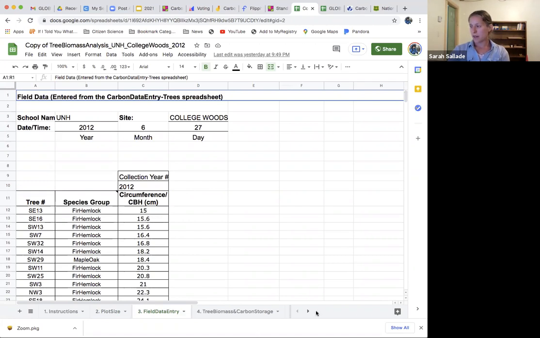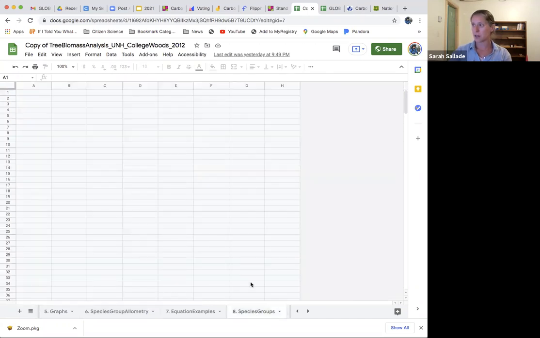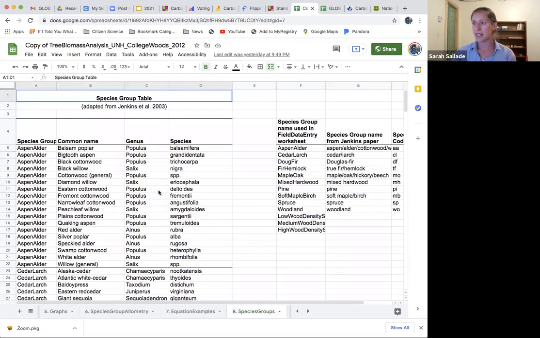So we're going to kind of fast forward a little bit to species group allometry. Or actually, let's go all the way over to species groups. We're running a little short on time, so we're going to skip around a bit. So tab 8, species groups, here's that list of all the different species groups and the species within them.